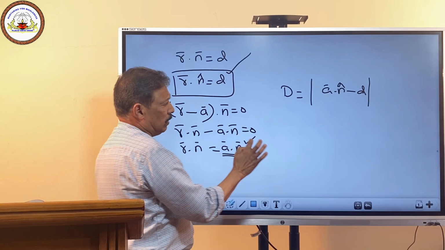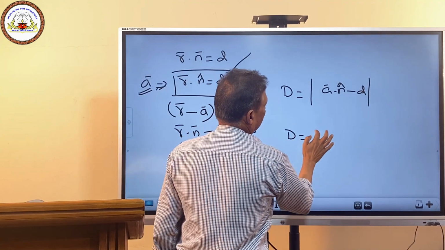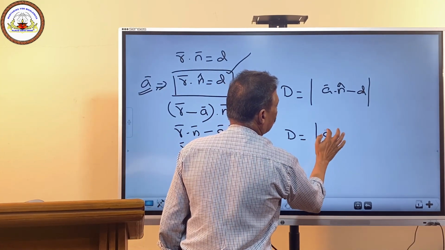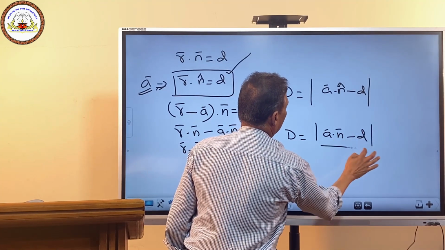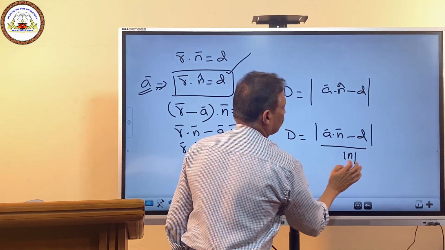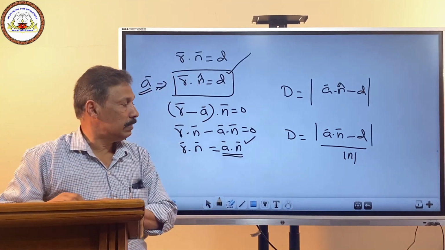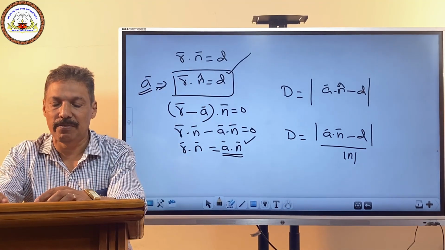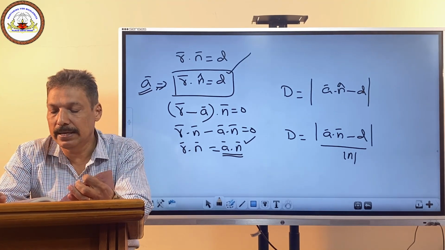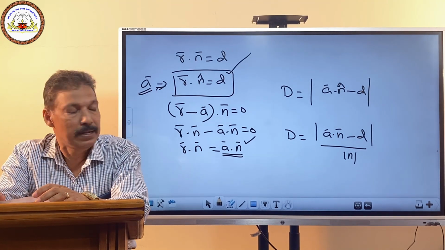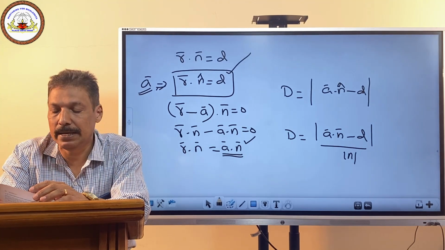Sometimes it is D equal to (A bar dot N bar minus D) divided by mod N. If N bar is not a unit vector, in such a case we apply this formula: A dot N minus D divided by mod N.